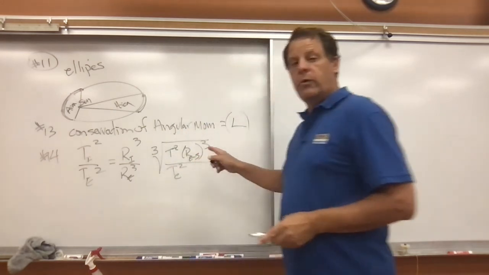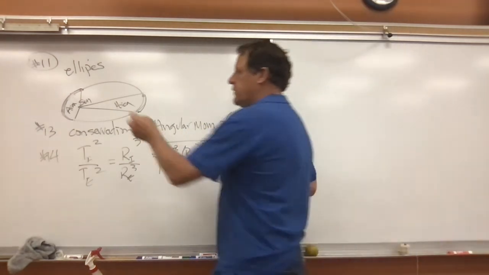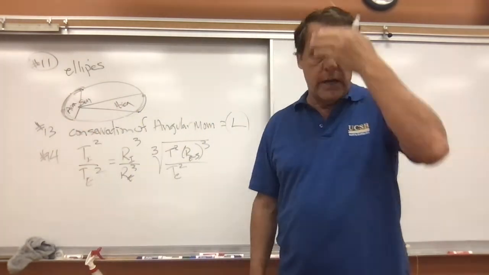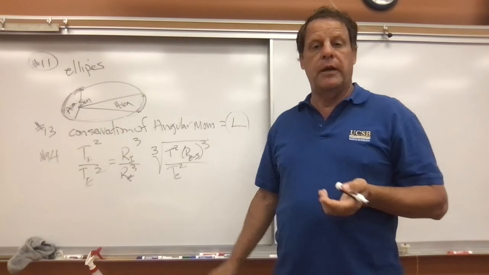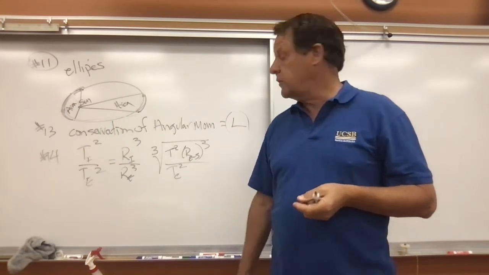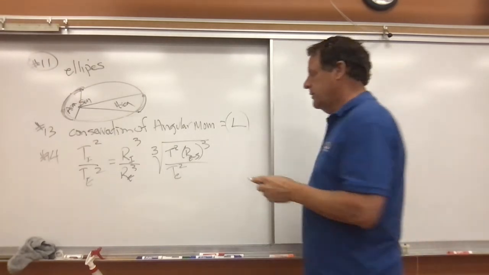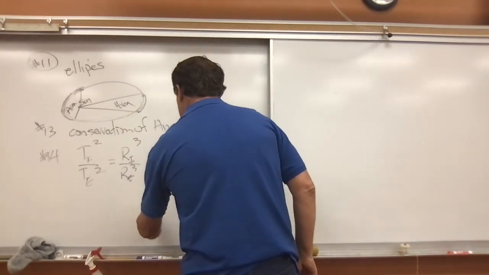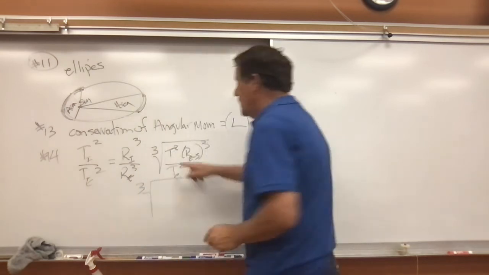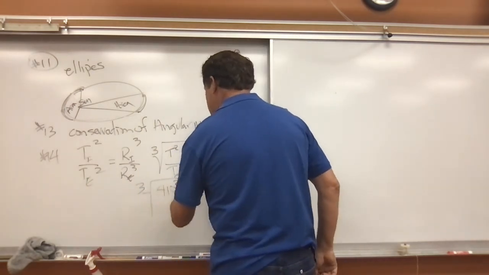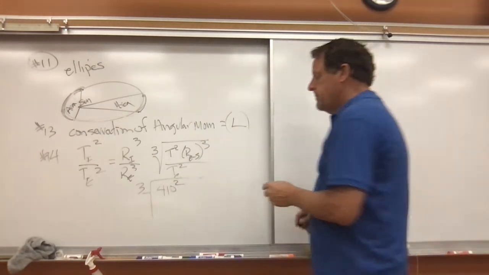Okay, so now remember, if we have the Earth going around, we can think of it as a radius with the sun, and that's really the Earth-Sun distance, which is 1.5 times 10 to the 11th. So again, we'll plug these numbers in. The period of Icarus, as we already said, was 410 Earth days squared.